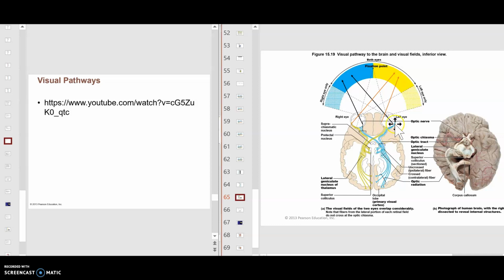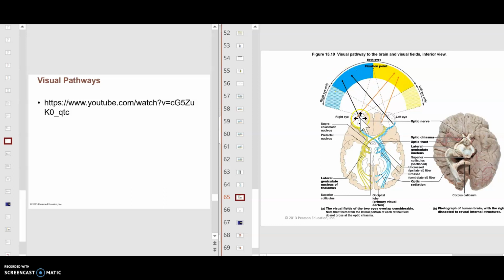This eye right here is looking here on this right side. That's the temporal aspect of this left eye. But the medial aspect of the right eye is looking there. But if you look at it, both of these are in the same optic tract. So that means this optic tract is looking at this right eye field here.